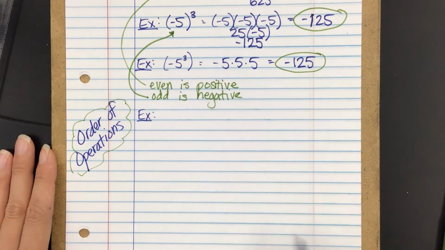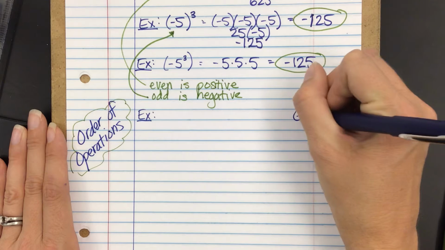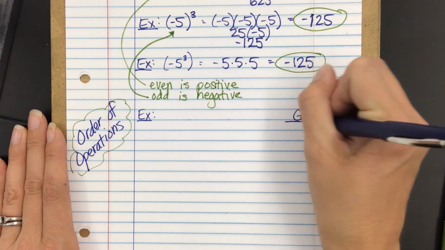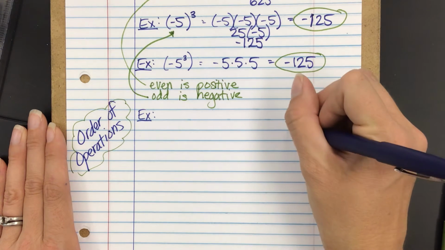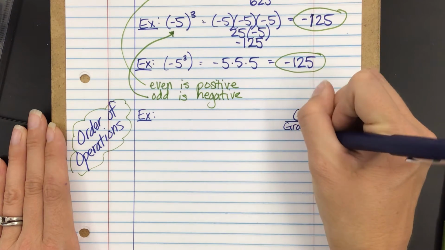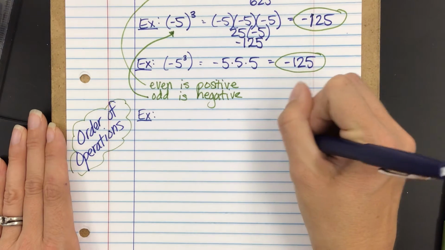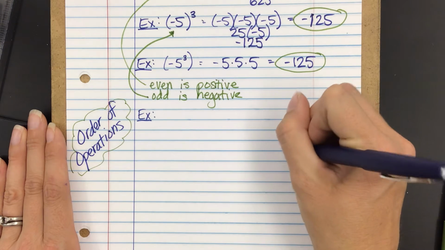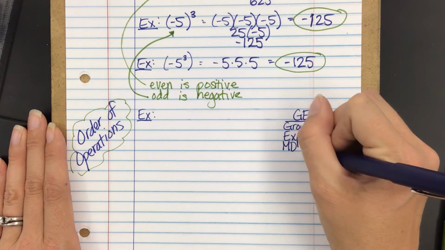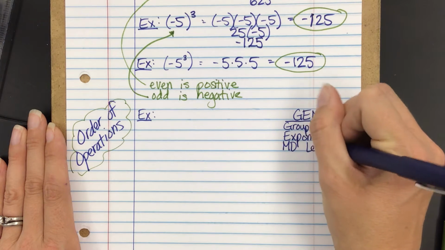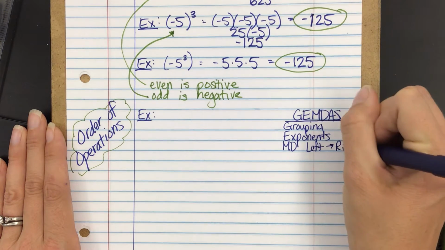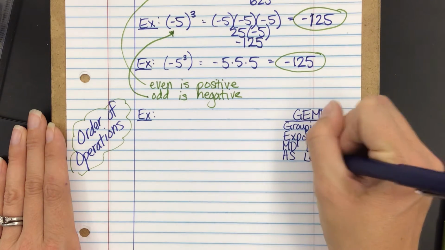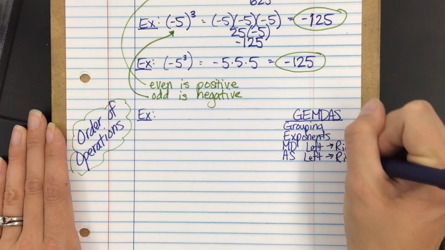Okay, so now at this point, I'm just going to put a little thing over here with GEMDAS. So we have grouping, exponents, multiplying and dividing from left to right, and then adding, subtracting from left to right.